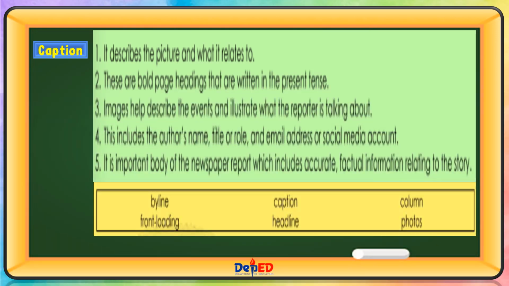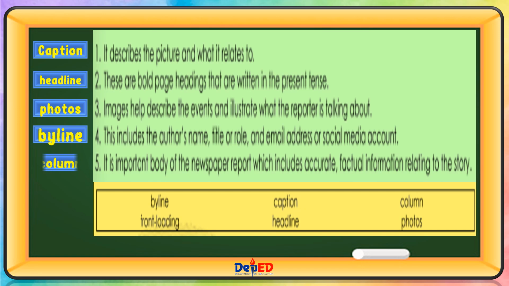This is headline. Images help describe the events and illustrate what the reporter is talking about. This is photos. These include the author's name, title or role, and email address or social media account. This is byline. It is the important body of the newspaper report which includes accurate, factual information relating to the story. This is the column.